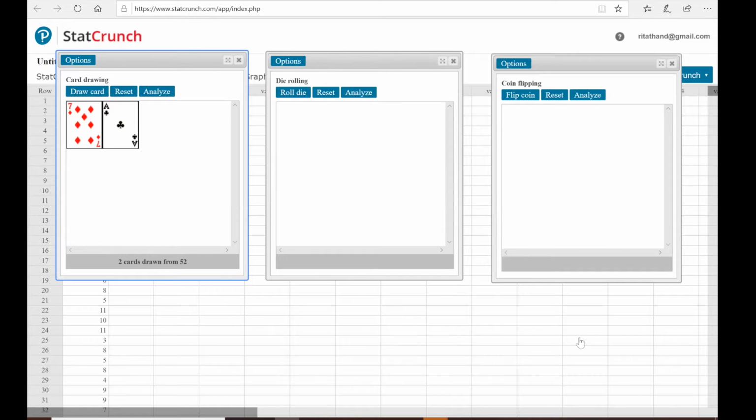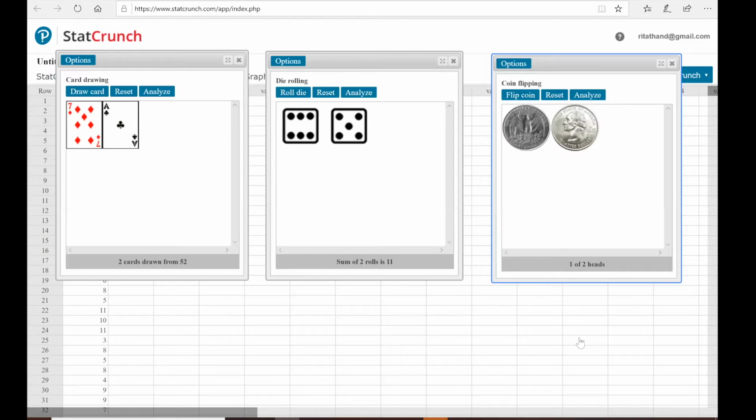Okay. Rolling a die, if you roll a die, you will get one outcome, right? You get a 6. If you roll another die, you get a 5, right? If you flip a coin, you get maybe a tail, and you flip 2 coins, maybe you get another head.